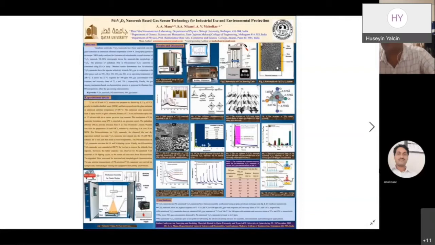The enhancement in gas response for Pd-sensitized V2O5 nanorods is attributed to the combined effect of electronic and chemical sensitization mechanisms.